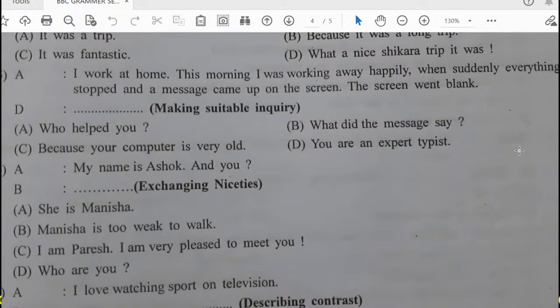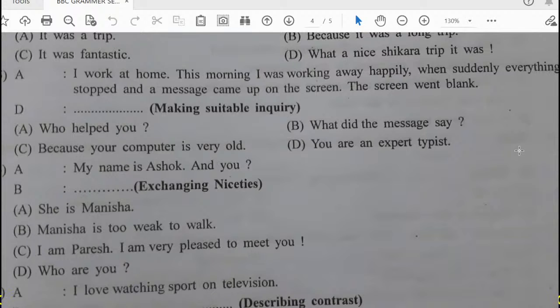So what will be our inquiry? Who helped you? No. See the last two lines of the dialogue: when suddenly everything stopped and a message came up on the screen, and the screen went blank. So what will be the inquiry? Option B, what did the message say? What did the message say, is the suitable inquiry.